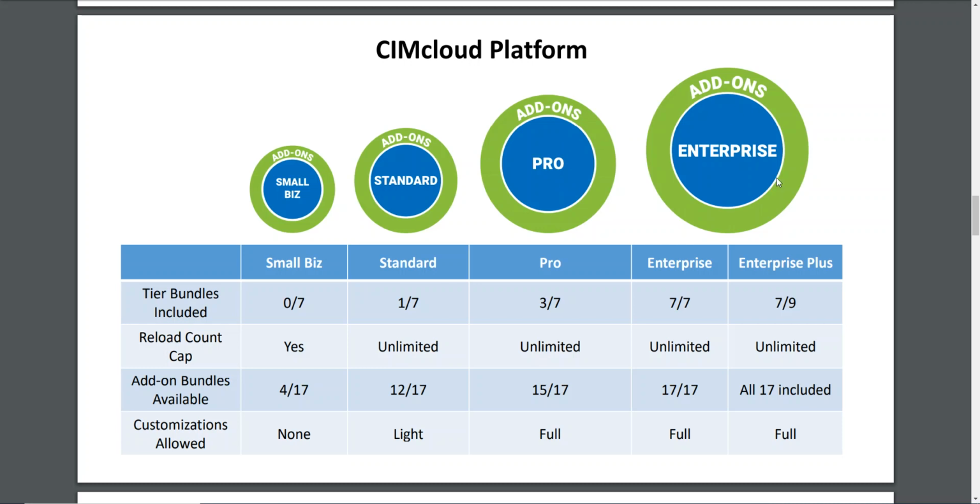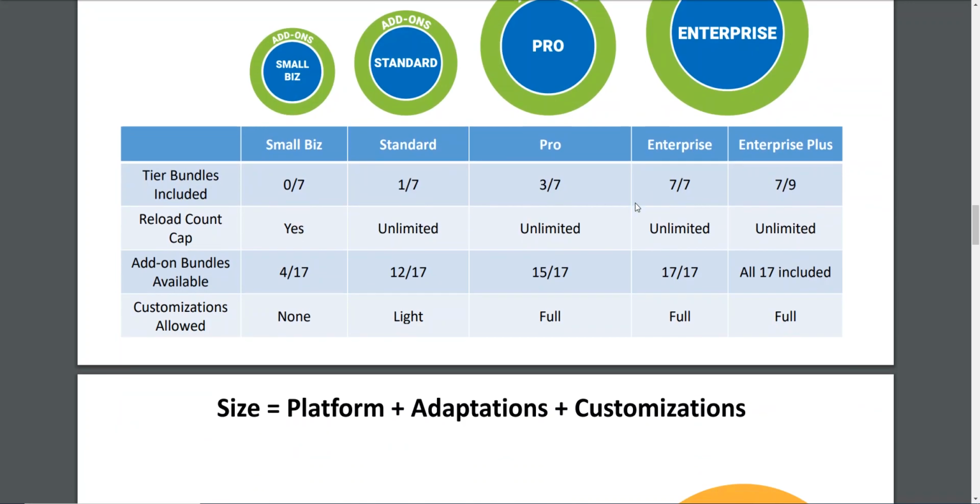If you went to the full enterprise platform and then bought all the add-on modules, that becomes a very large platform implementation. So even within standard software platforms like SimCloud, there's a significant variation in size of what's being rolled out or what's being deployed with the standard product platform.